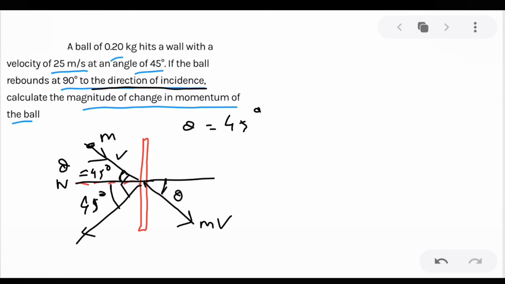If we resolve this momentum, this component will be mv cos theta, and this will be mv sin theta.